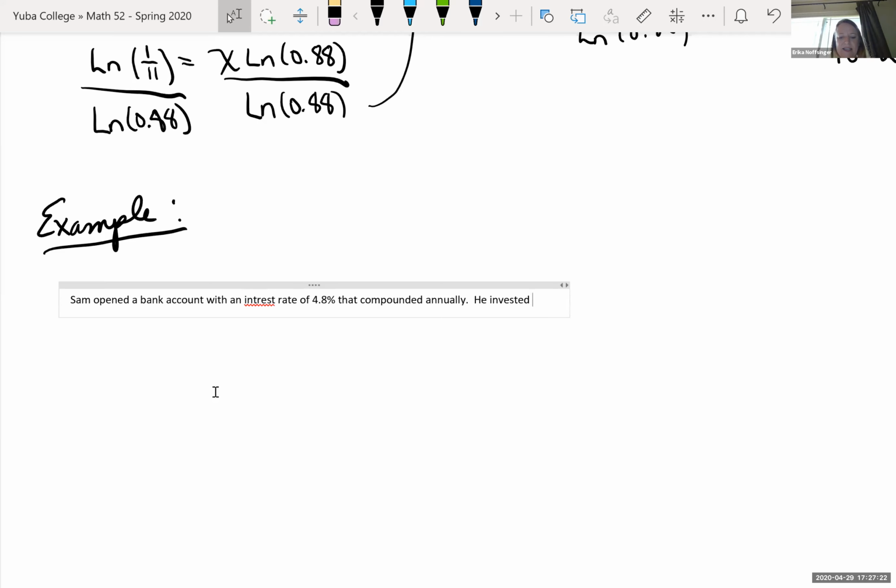He invested, let's say, $3,750 in the account in 2000.